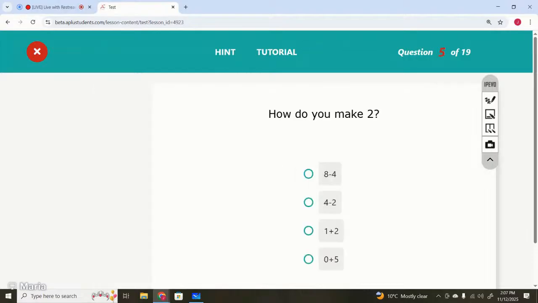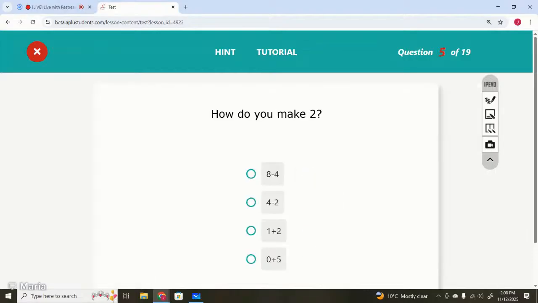Option number 1 is the correct option. How do you make 2?